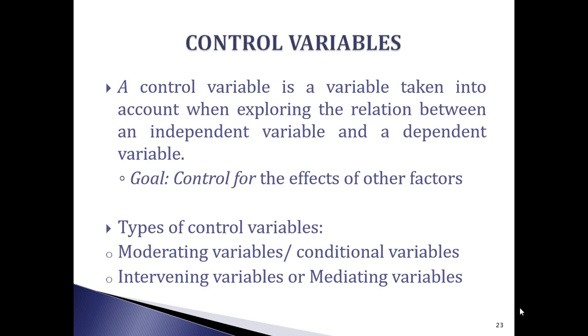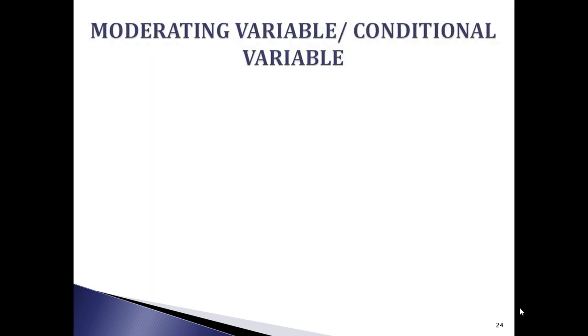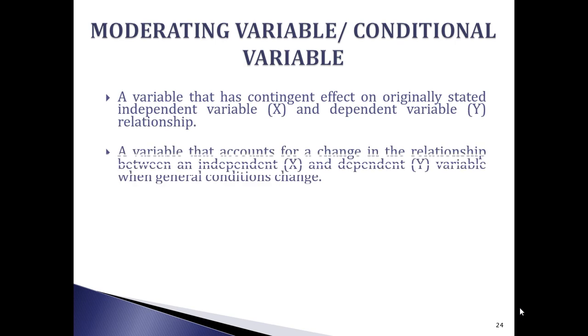Control of variables. A control variable is a variable taken into account when exploring the relationship between an independent variable and a dependent variable, and the goal is to control for the effects of other variables. Control variables can be moderating variables, conditional variables, or intervening variables.